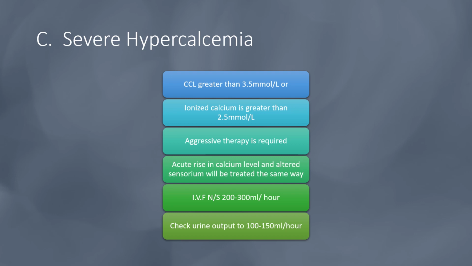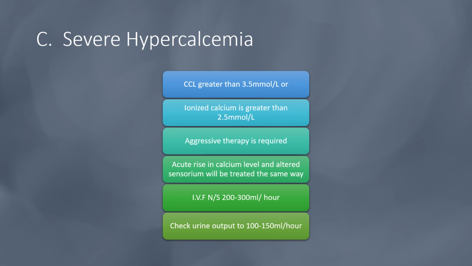The other situation that may lead us to aggressive therapy is acute rise in calcium and possibility of altered sensorium. We're going to treat all those two cases like severe hypercalcemia.